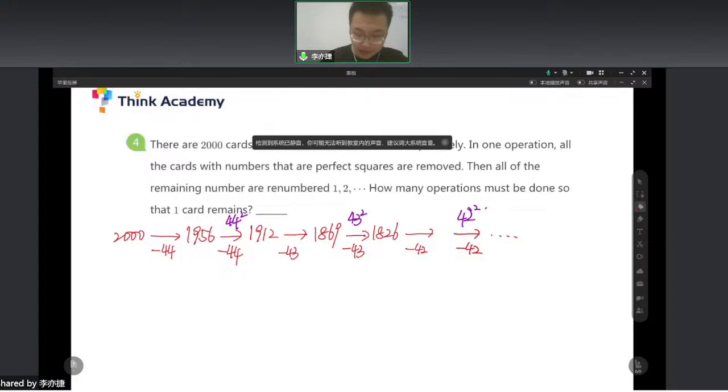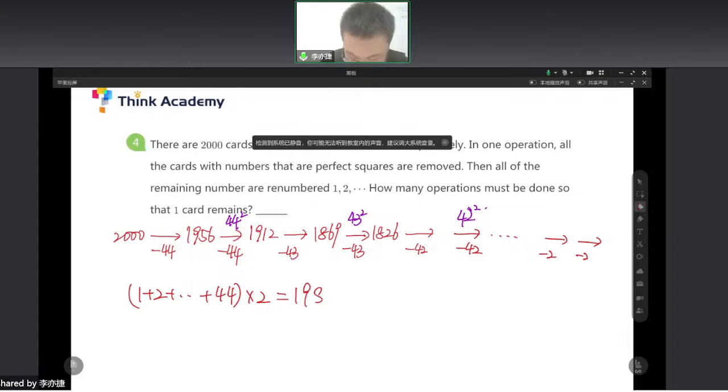So if we keep doing this process, it will eventually reach minus 2, then minus 1, minus 1. But if we check, 1, 2, up to 44, times 2, actually this number is 1890.